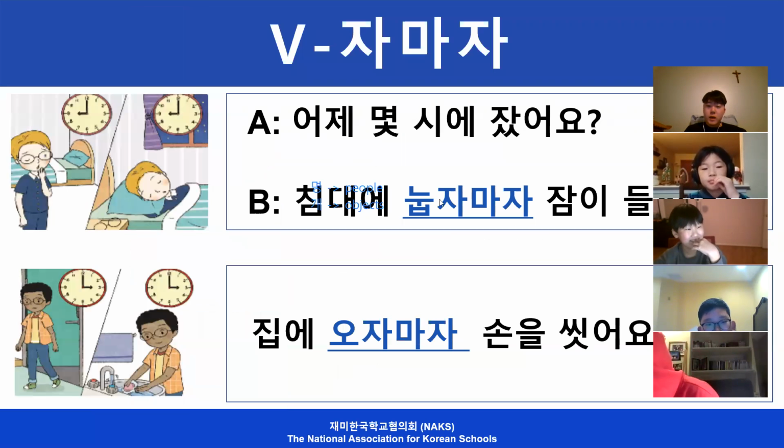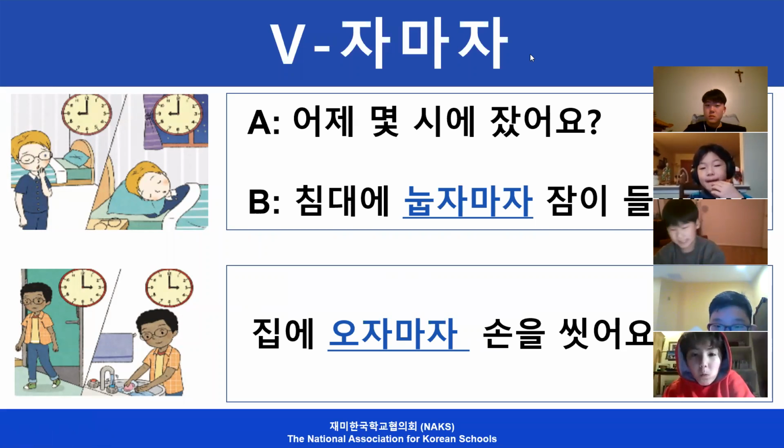Okay. So now we have 자마자. As soon as. Well, that's like the literal translation for it. So we can have Ryan read A and Leon read B. 어제 몇 시간 잤어요?